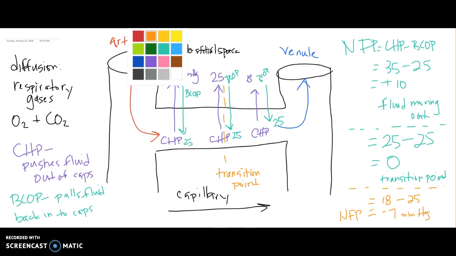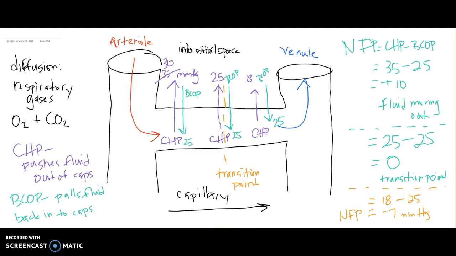Rather than a CHP of 35, we're going to have a CHP that's less than that, maybe around 30.